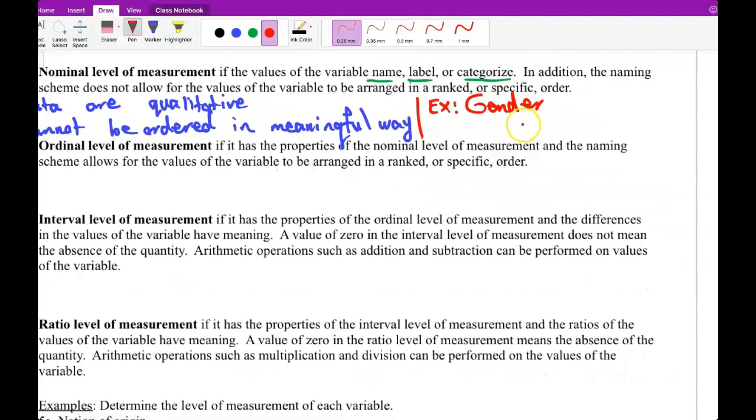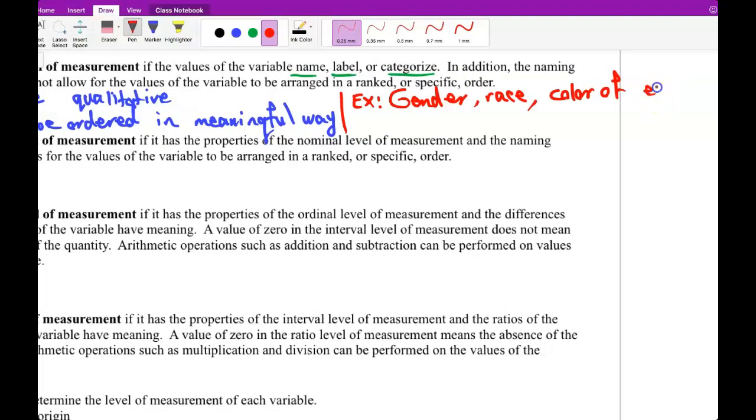Here again I'm using gender, race. Let's use another one, not exactly what I use on top. So gender, race, color of eyes. Another one, blood type.